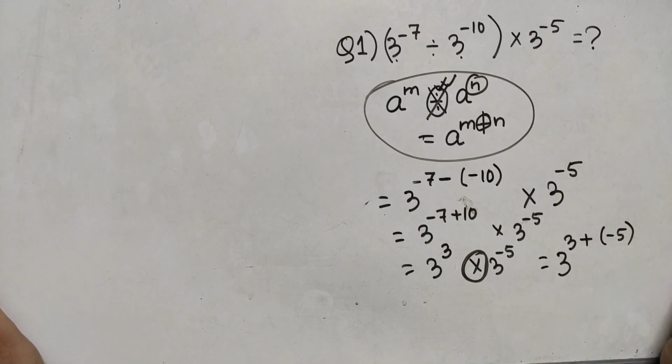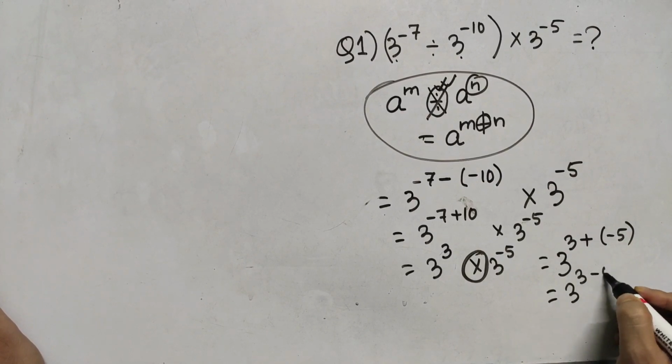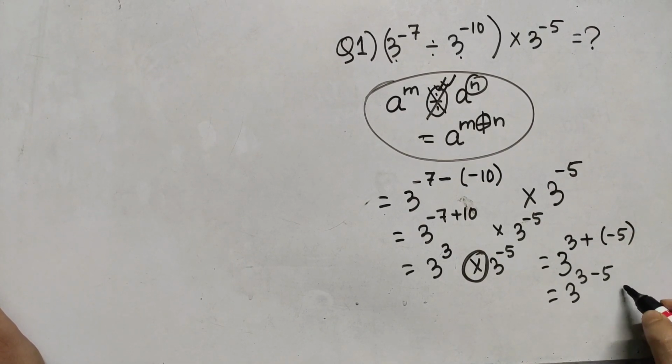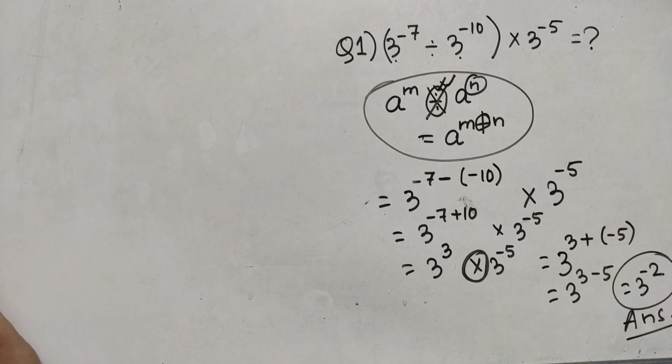Clear? So what do we get finally? 3 to the power 3 minus 5, and your answer is going to be 3 to the power minus 2. This is your final answer. I hope you have understood. Let's do the next sum.